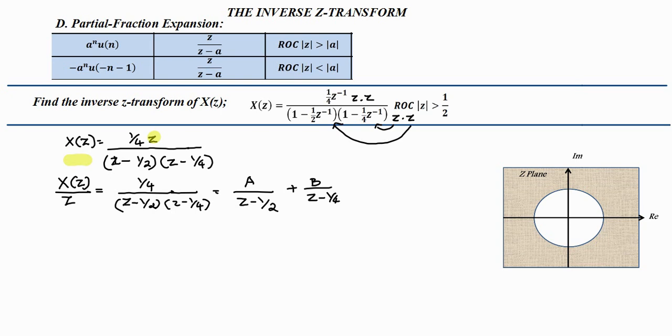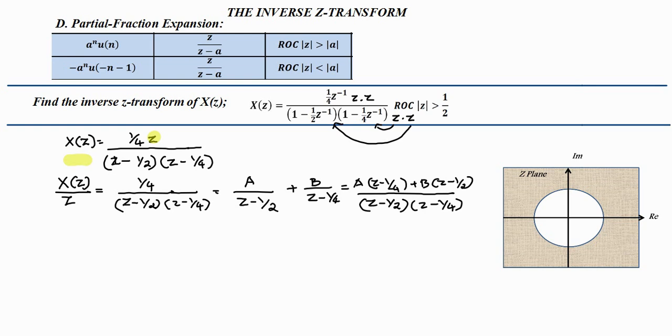Now we can equate the numerator and denominator. For that I can cross multiply, so it becomes A into z minus 1 by 4 plus B into z minus 1 by 2, and the denominator becomes z minus 1 by 2 into z minus 1 by 4.